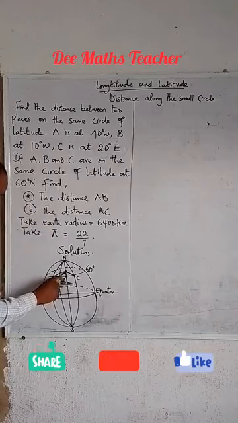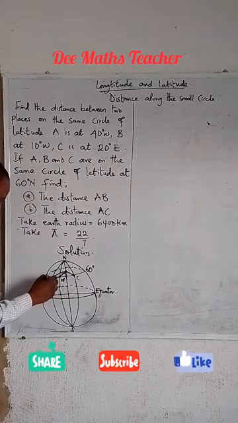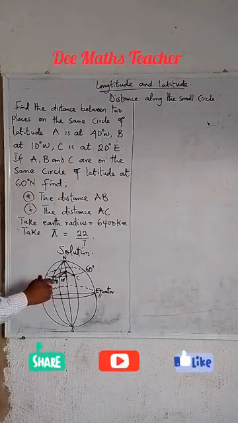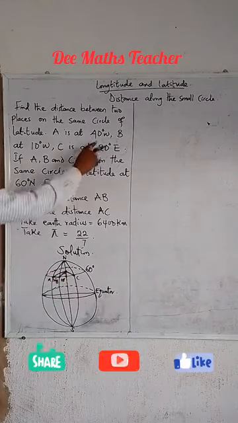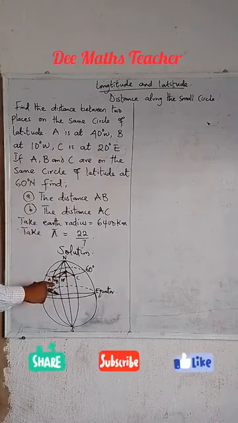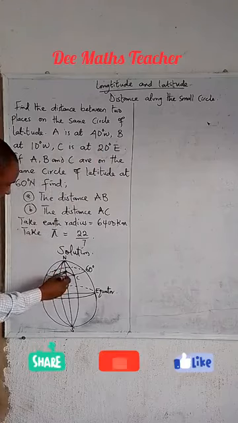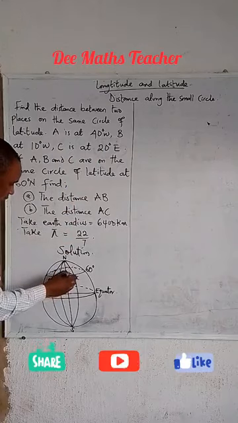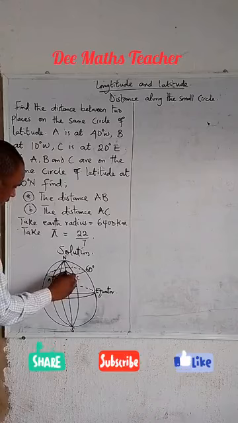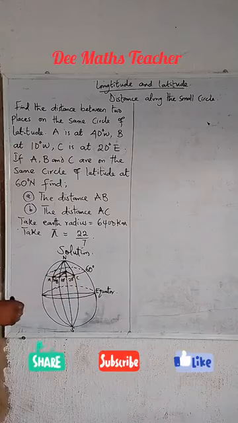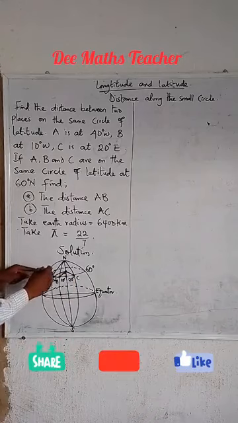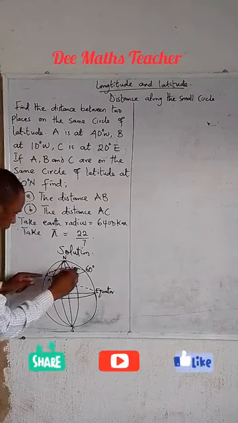If we subtract this 10 from 40 degrees, we have 30 degrees left here. And from O to this point C, we have 20 degrees.